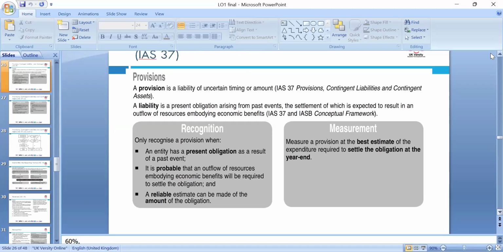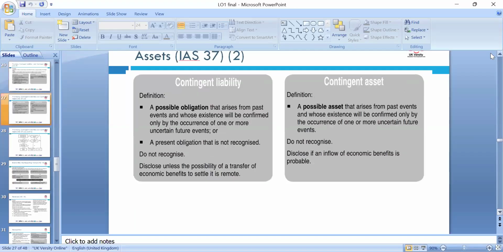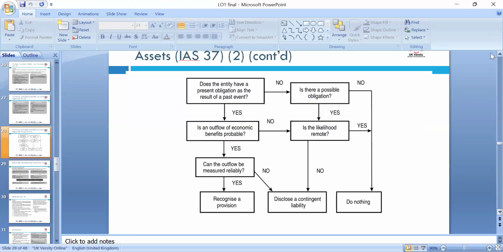If the likelihood is more than 50%, we can look at it in the light of the accounting standard. A provision obligation arises from past events, whereas a contingent asset is a possible asset arising from a past event, and once its existence is confirmed, we can recognize it in the books of account.